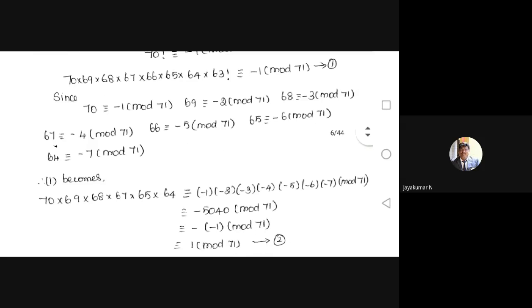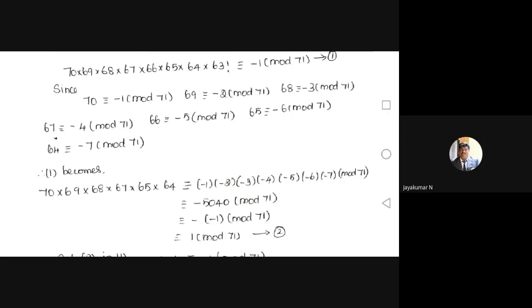Then you get the product minus 1 into minus 2 into minus 3 into minus 4 into minus 5 into minus 6 into minus 7, that is minus 5040. 5040 under mod 71: since 5040 is greater than 71, when divided you get the remainder minus 1, and already there is a minus sign, so plus 1. So the product from 70 up to 64 is congruent to plus 1 under mod 71, which will be considered equation 2.